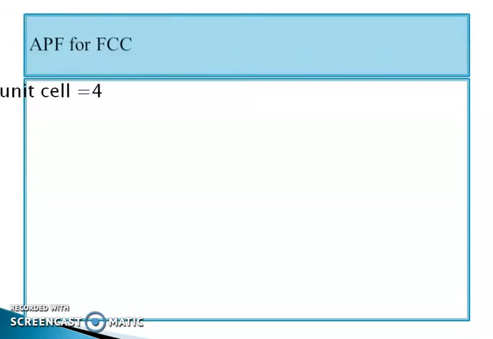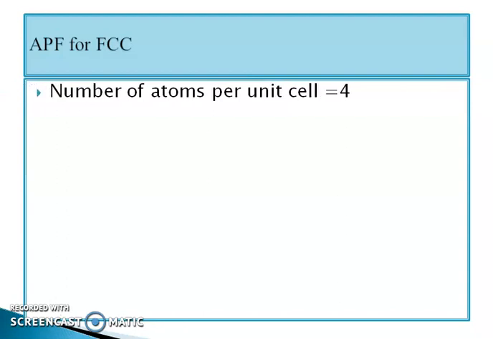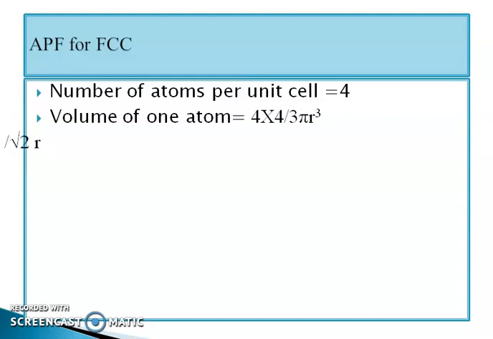Next is the atomic packing fraction for face-centered cubic structure. In this case, the number of atoms per unit cell are 4, and therefore volume of atoms is equal to 4 into 4 by 3 pi r cube.